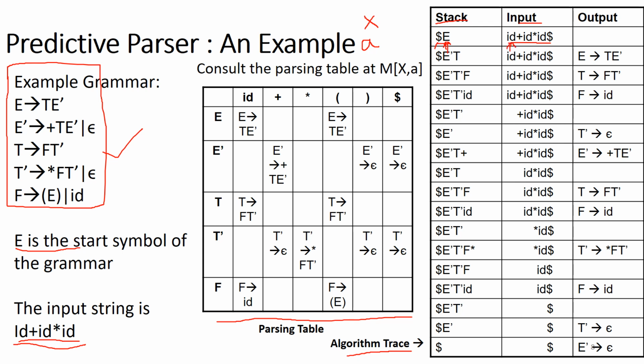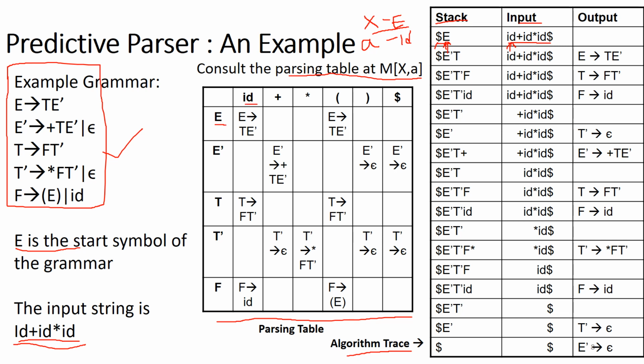Therefore X is equal to E and a is equal to id. So because the top of the stack is a non-terminal, as we discussed in the last slide, the parsing program consults the parsing table at the location M of X comma a. Here X is E and a is id.